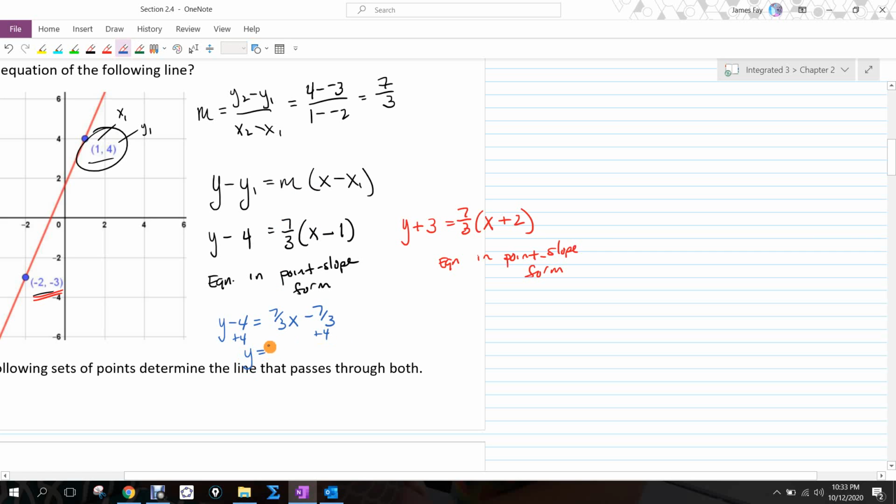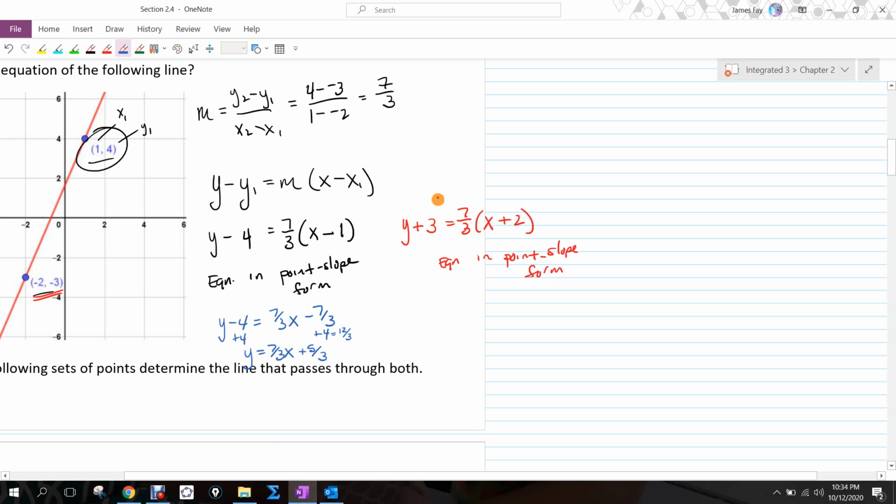So it becomes y equals 7/3 x. Now negative 7/3 plus 4, well, 4 is the same thing as 12/3. So negative 7/3 plus 12/3, I add the numerators now, and it gives me positive 5/3. So that's my equation in slope intercept form.